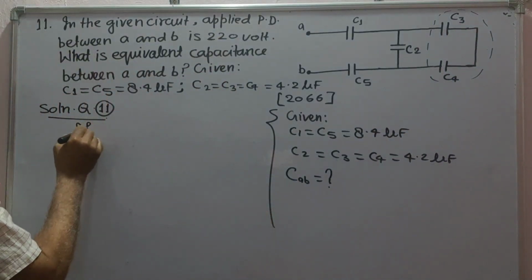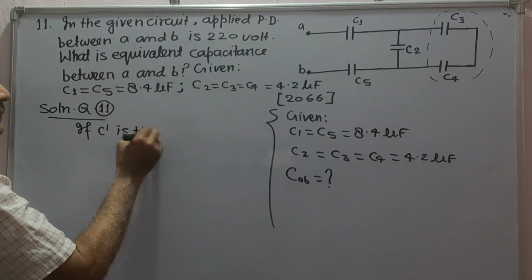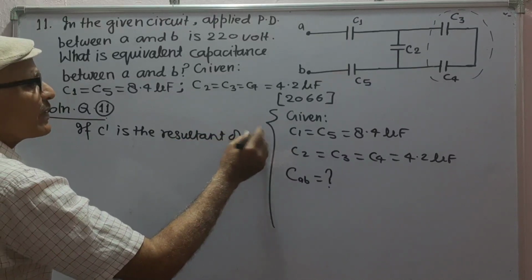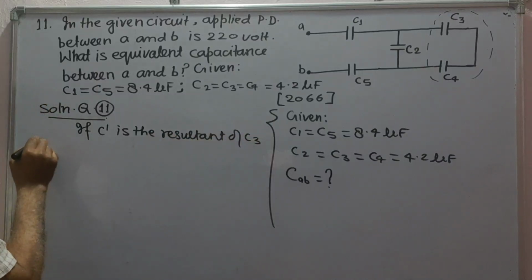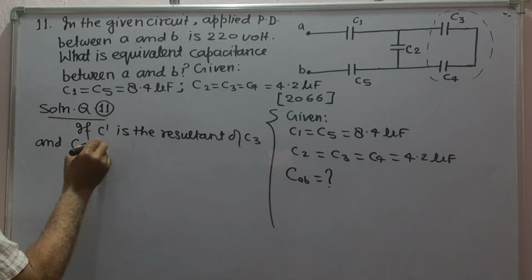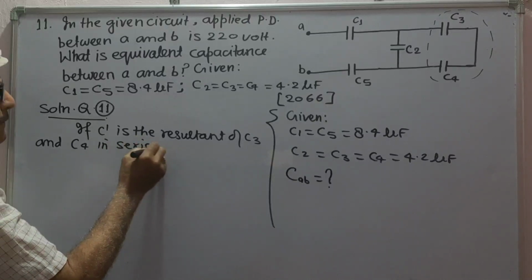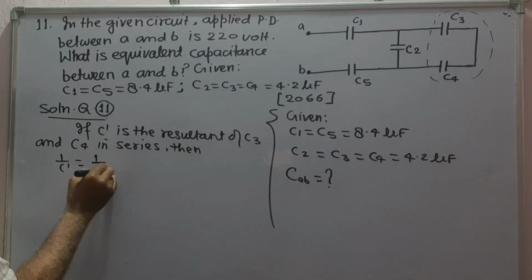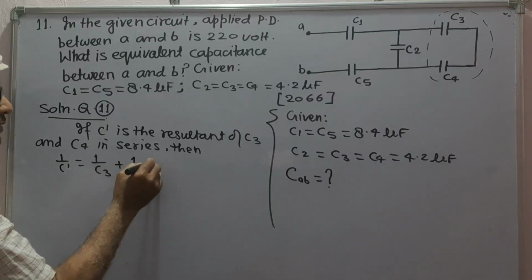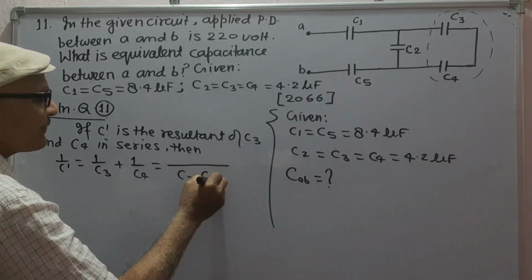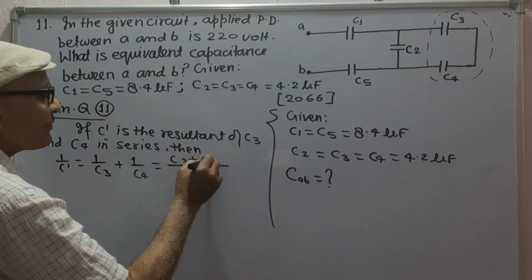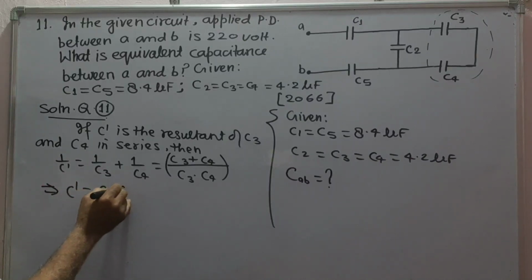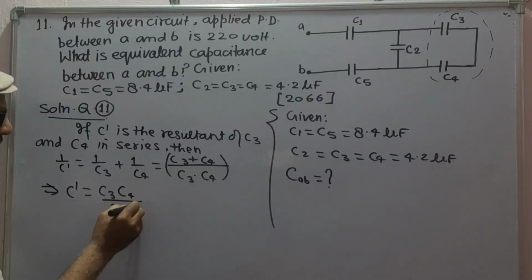So if C dash is the resultant of C3 and C4 in series, then 1 upon C dash will be equal to 1 upon C3 plus 1 upon C4, which is C3 plus C4 upon C3 C4, which gives C dash as C3 C4 upon C3 plus C4.